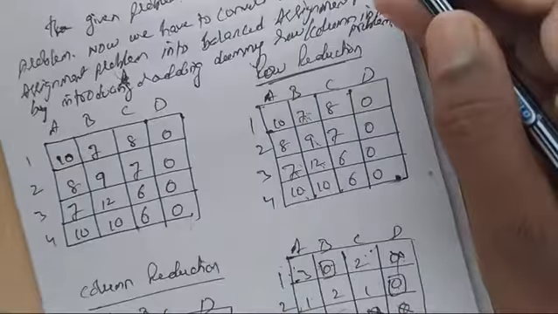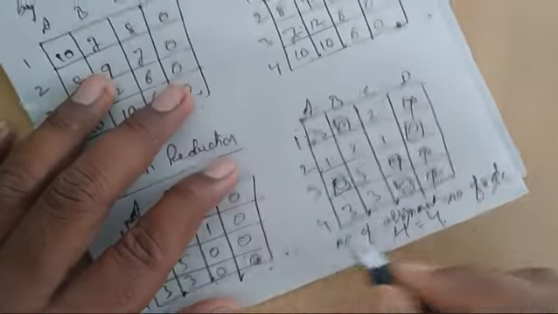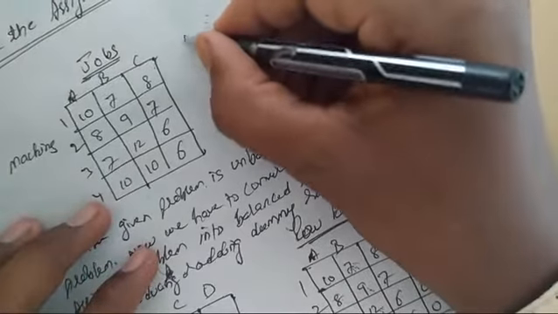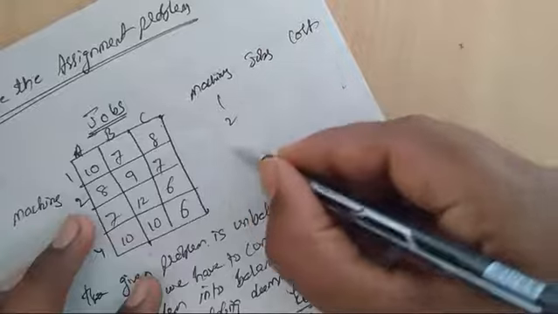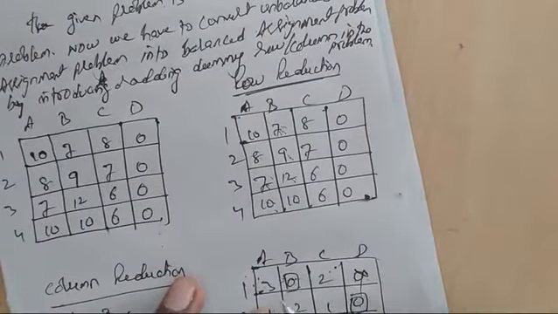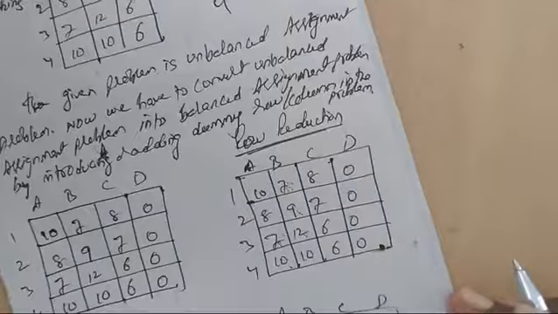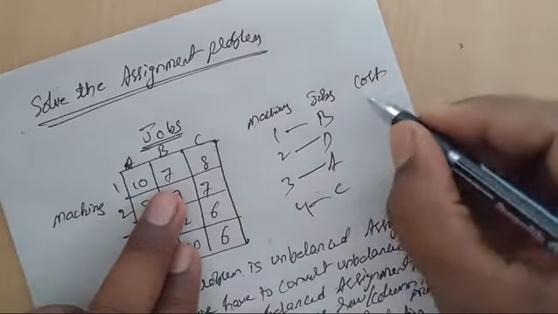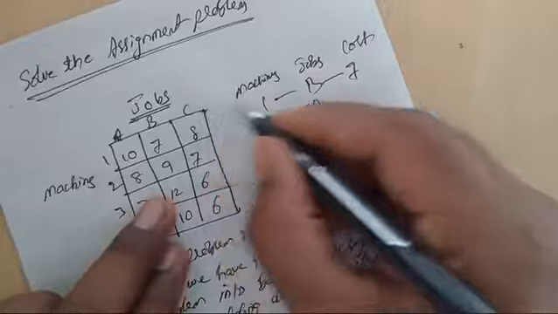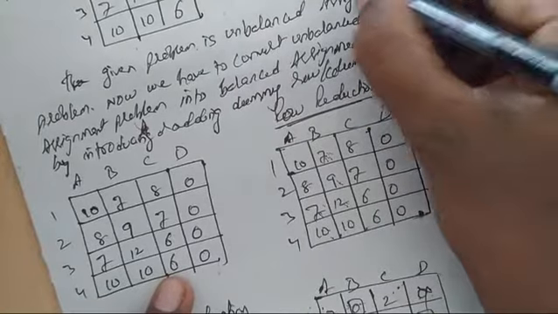Now we have to calculate the cost. Here are the machines 1, 2, 3, 4 and the jobs and costs. First machine, job B; second machine, job D; third machine, job A; fourth machine, job C. Now calculate the cost: first, B is 7; second, D is 0; third, A is 7; fourth, C is 6.